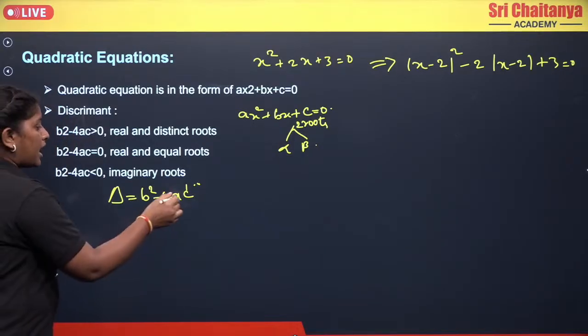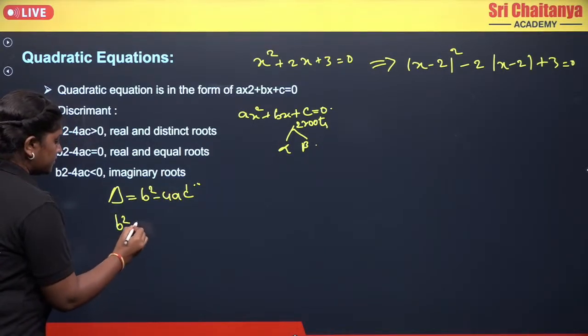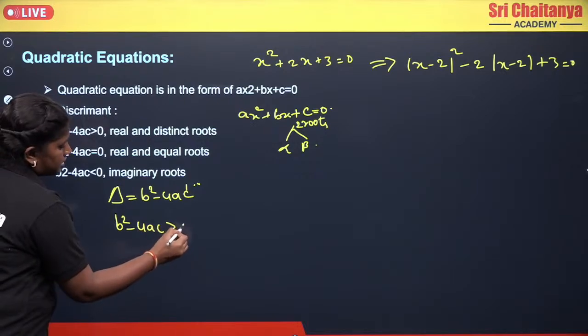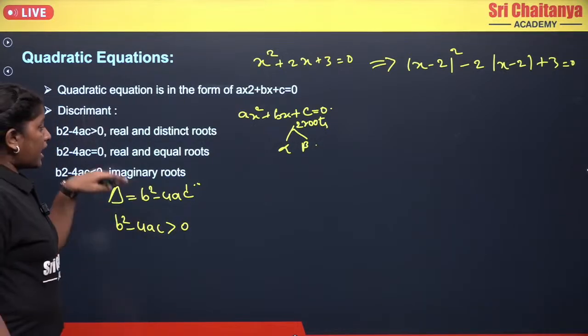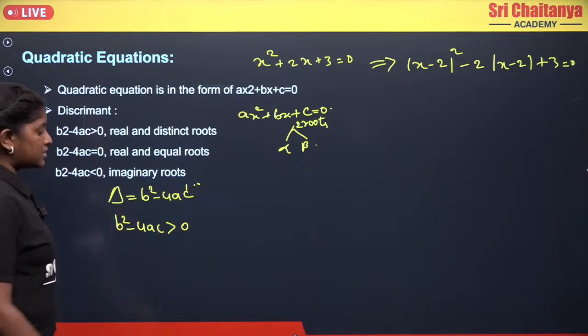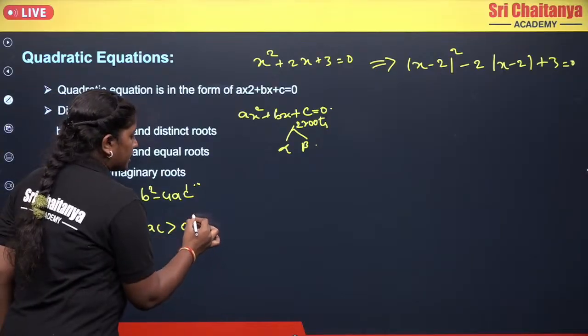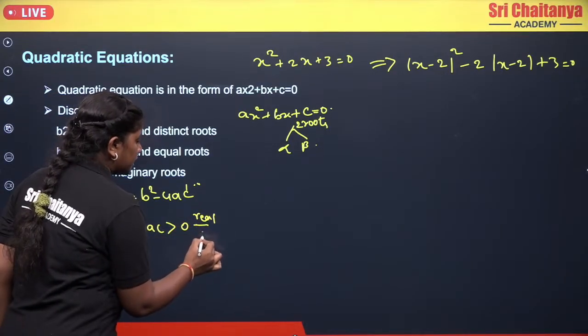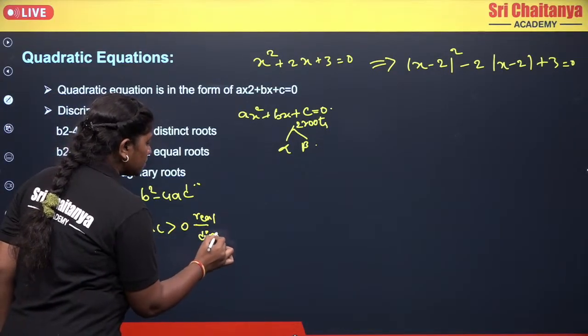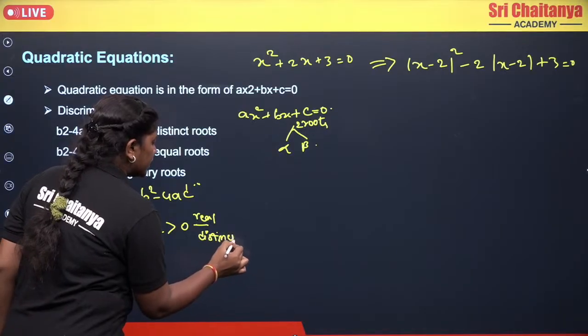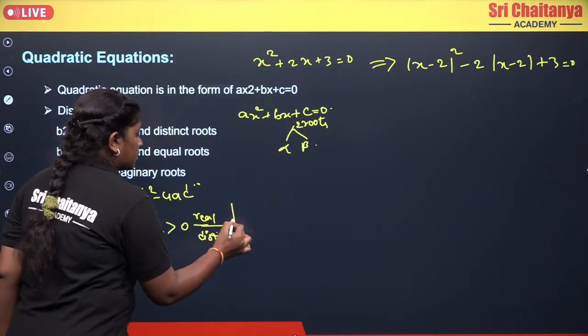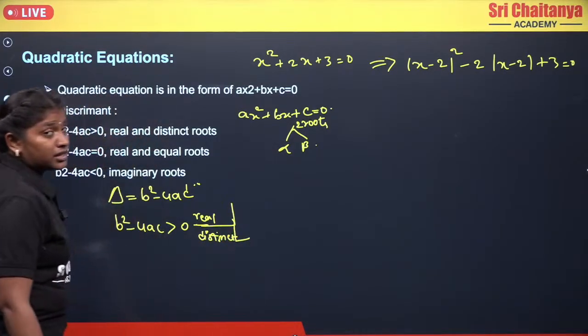So if we are having b square minus 4ac is greater than 0, okay, if you are having that discriminant value is greater than 0, then you will get real and distinct. So we are having our real roots, right? Real numbers. So here we are going to call them as the real roots.